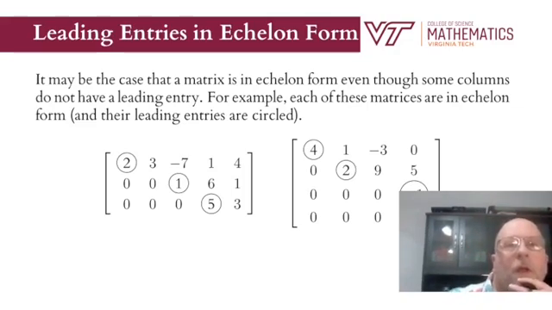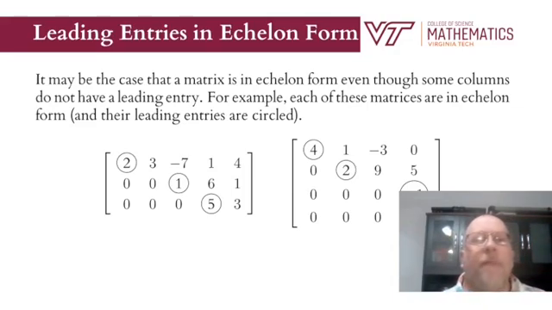So we've been talking about echelon form, and it can be the case that a matrix is in echelon form, even though some columns don't have a leading entry. So in the example here, we have matrices that are in echelon form.